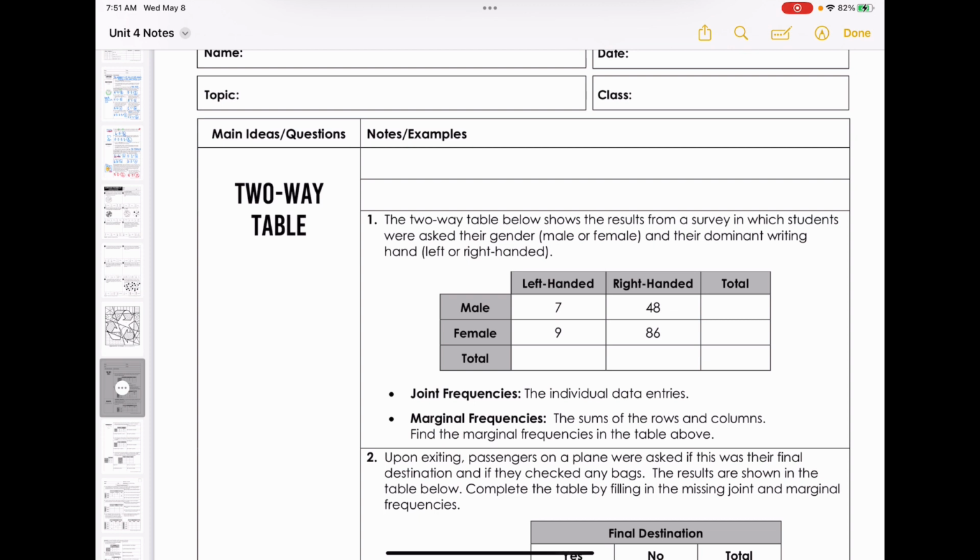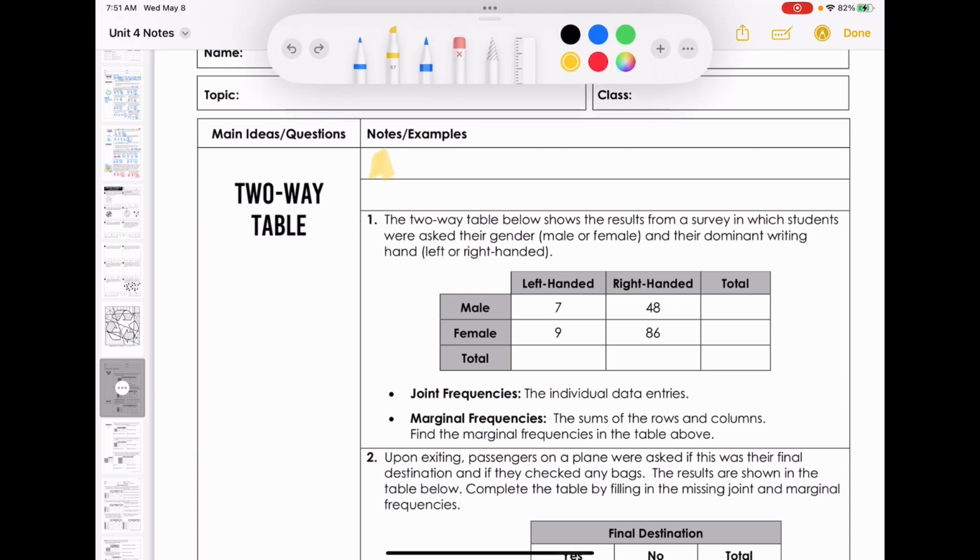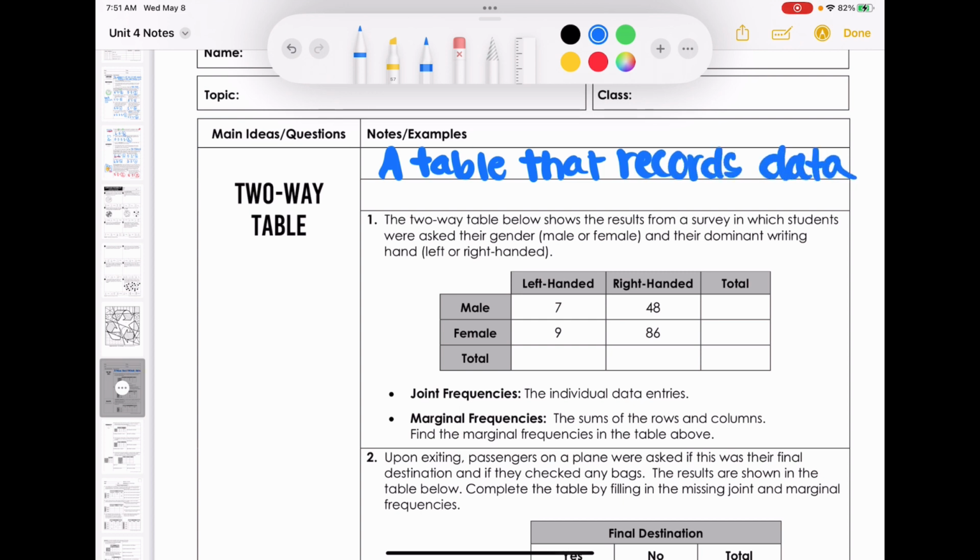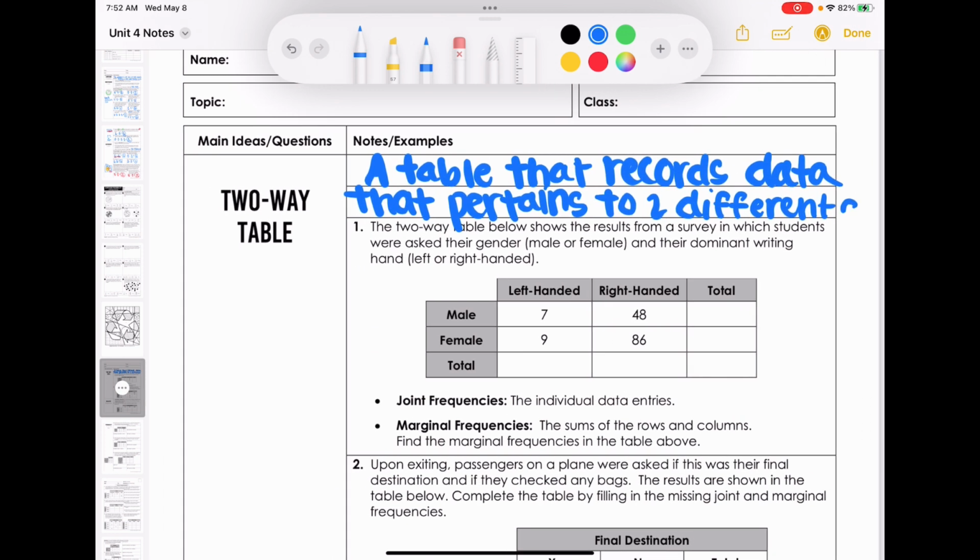So a two-way table is a table that records data that pertains to two different categories.